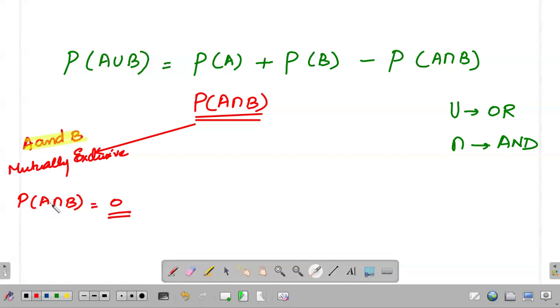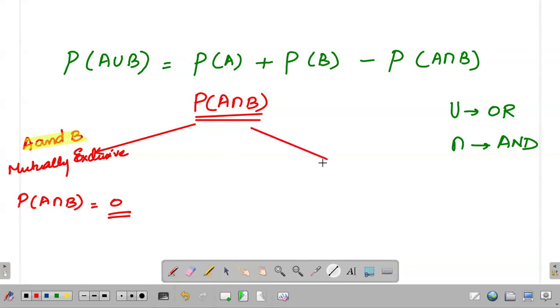The probability that it's going to be heads and tails will be equal to 0. So that is the reason why, when the events are mutually exclusive, P of A intersection B is equal to 0. The probability that A and B happens will be equal to 0.